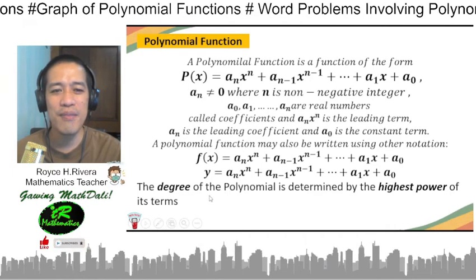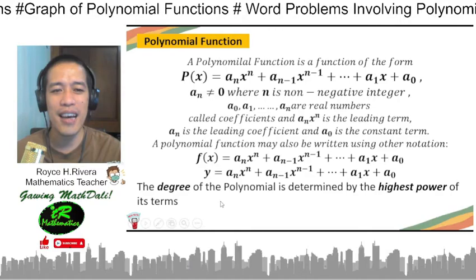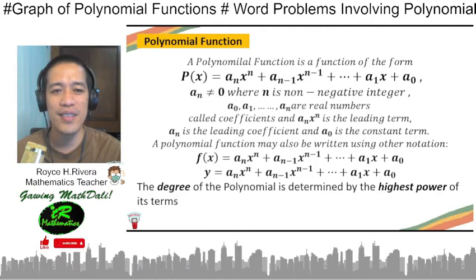The degree of the polynomial is determined by the highest power of its term.